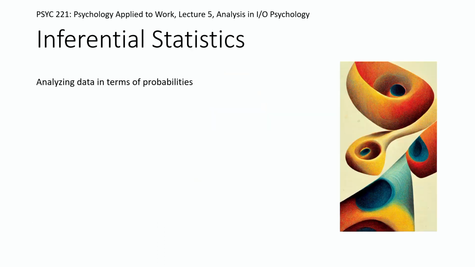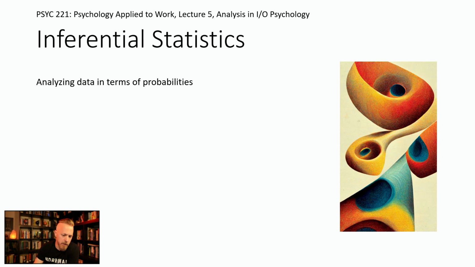Okay, inferential statistics. What are inferential statistics? So you can think of this as inference, and you can think of an inference as a probabilistic estimate, and so this is a way of looking at your data in terms of probabilities, in terms of likelihoods. Whereas when you were looking at a normal distribution, that's what actually happened.